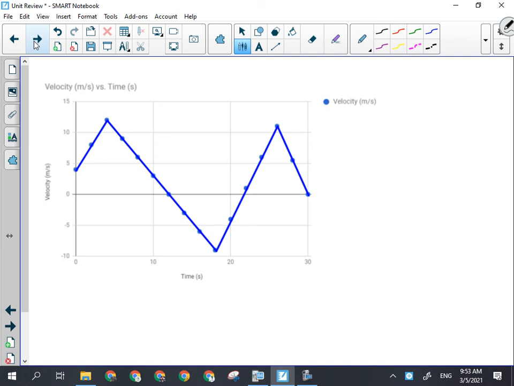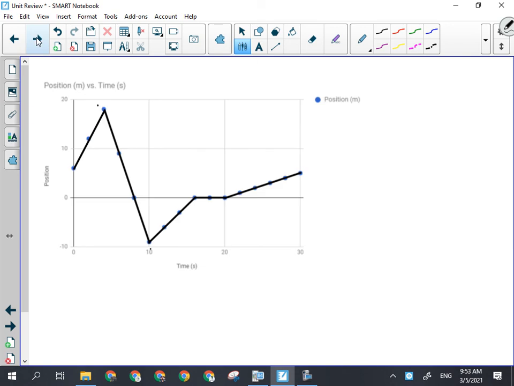Or maybe I ask you to calculate the total displacement. I wouldn't give you a graph that looked like this if I was asking you to do that, because there's way too many shapes here, it would take you way too long. But you could have something like these triangles or whatever, find all the shapes and calculate.